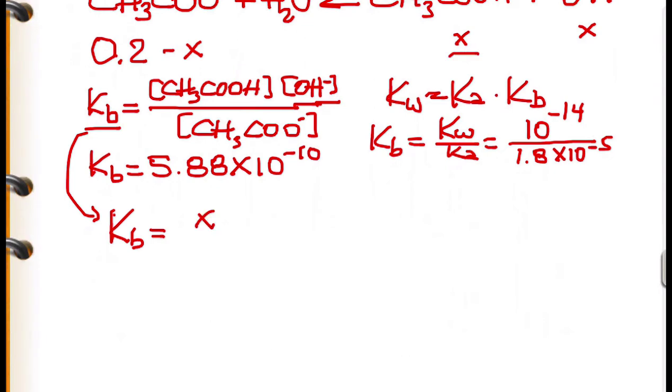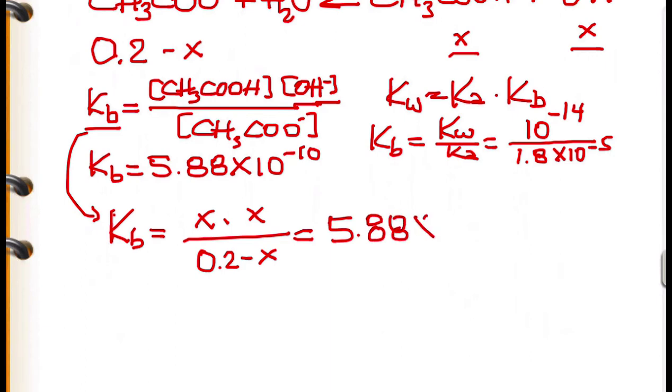So X times the concentration of hydroxide, which is going to be X, divided by the concentration of the acetate, that's going to be 0.2 minus X. And this is going to be equal to 5.88 × 10^-10, right?